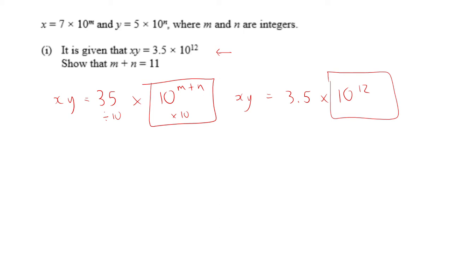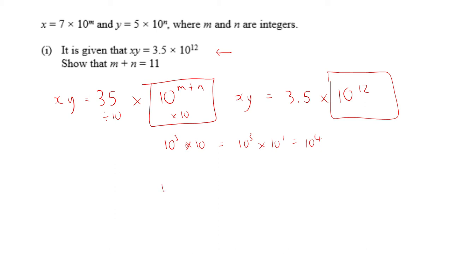So when you multiply something by 10, you add 1 to the power. Like for example, if I multiplied 10 to the power of 3 by 10, it's the same thing as doing 10 to the 3 times by 10 to the 1, and we add the powers together to get 10 to the 4. So they've done the same thing here.